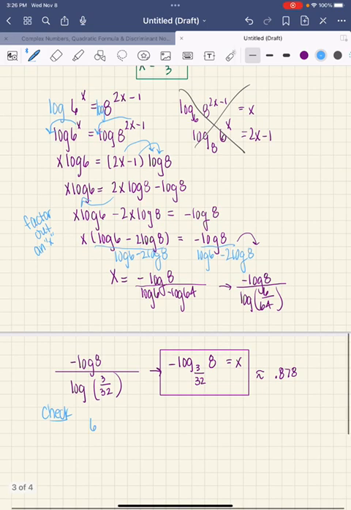So 6 to the 0.878. I've got the actual number in my calculator. Does that equal 8 to the 2 times 0.878 minus 1? And let's see, 6 to that answer is 4.825, give or take.